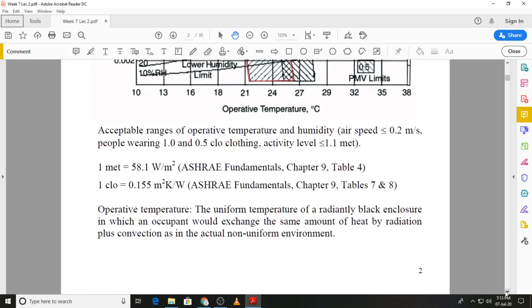Now this comfort zone definition, or Standard 55, is for certain conditions. One in which the air speed in the environment is less than 0.2 meters per second. The resistance of the clothing that people are wearing is also given, and the activity level is less than 1.1 MET.